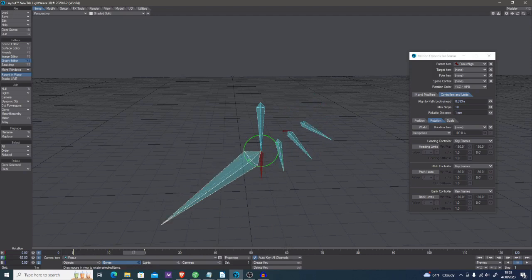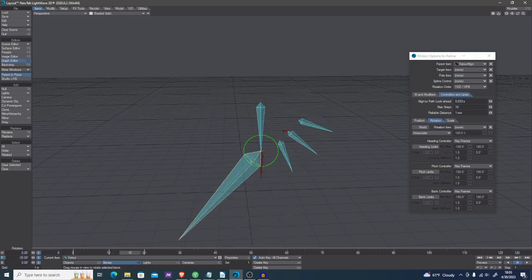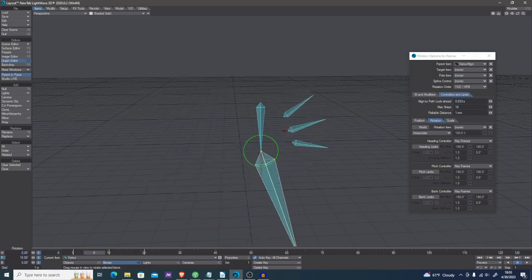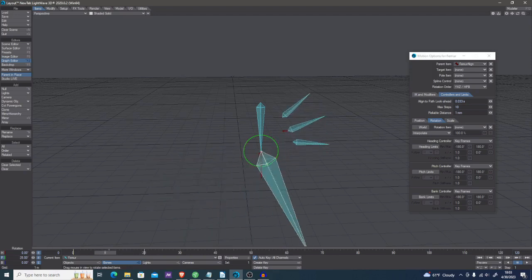I'm looking for an asymmetrical solution. I need it to move less on the top and just a little more on the bottom, on the down pitch.